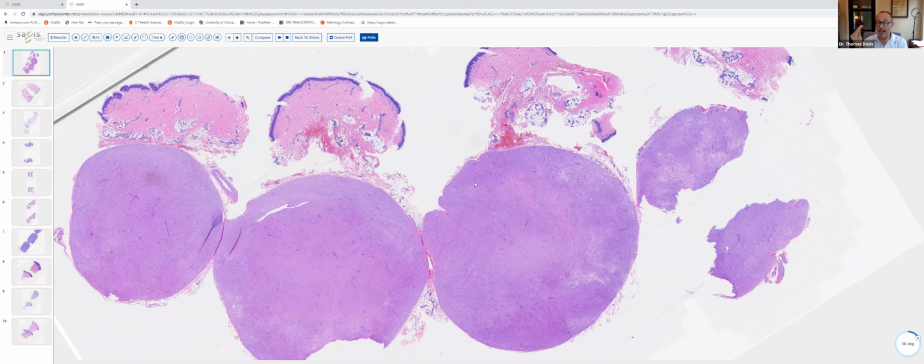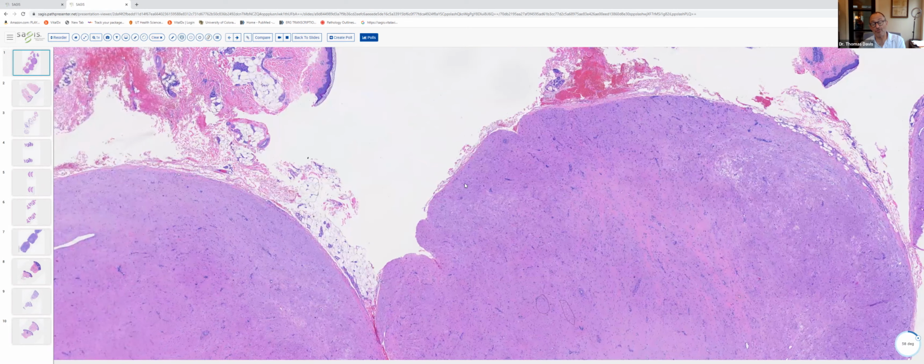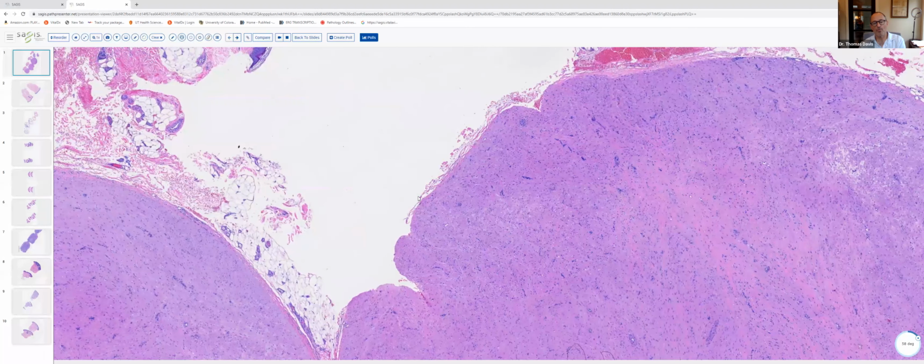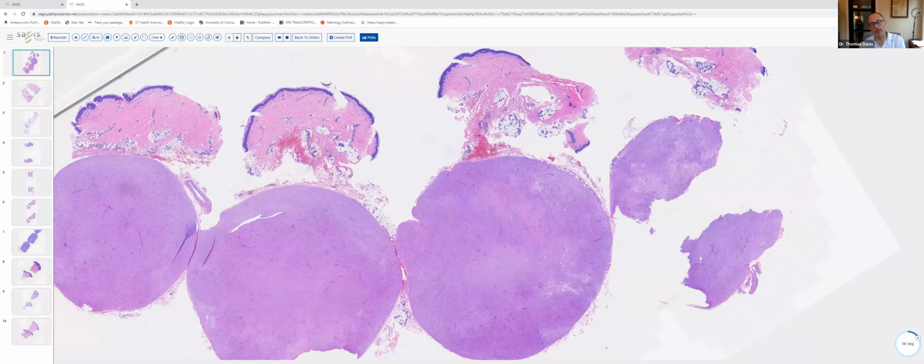Pilar cysts have pink homogeneous keratin centrally, but a pilar cyst would have an epithelial lining at the periphery composed of stratified squamous epithelium, which we don't see here. A couple of other tumors that can have this architectural configuration are schwannomas. Schwannomas, of course, tend to be much more cellular than angioleiomyomas, and they tend to be composed of mixtures of Antoni A and Antoni B tissue.